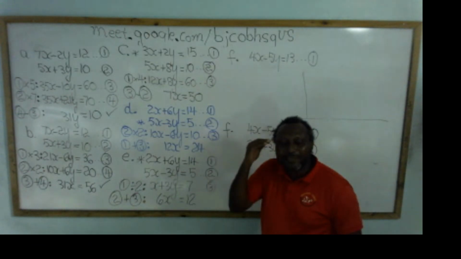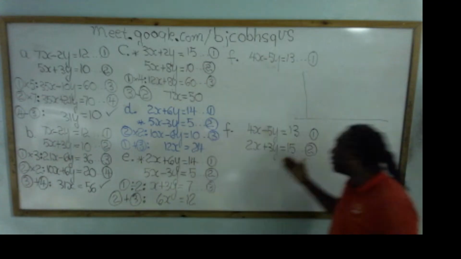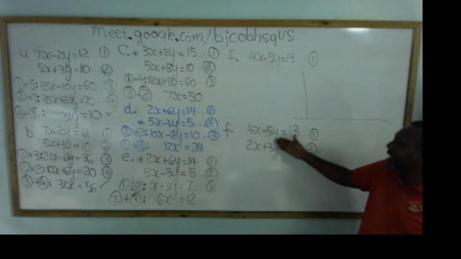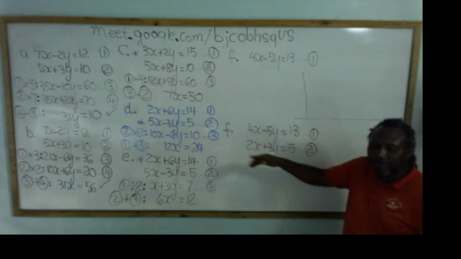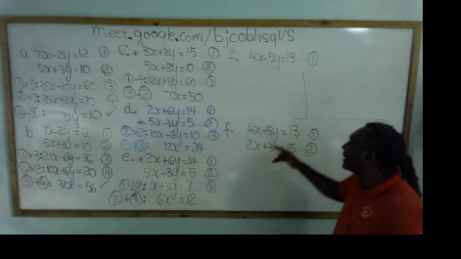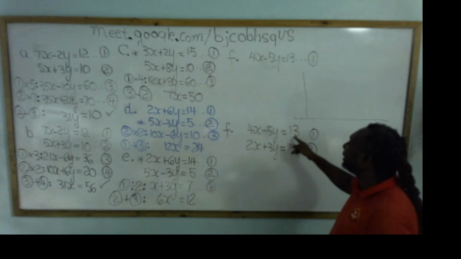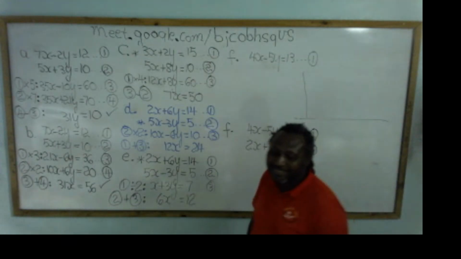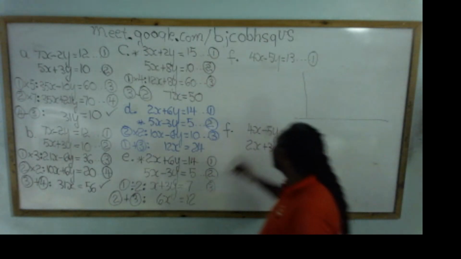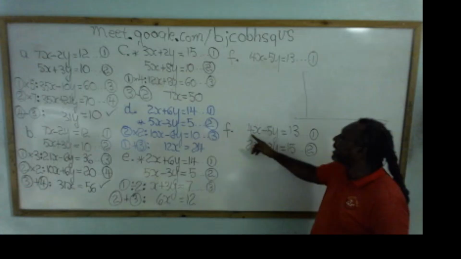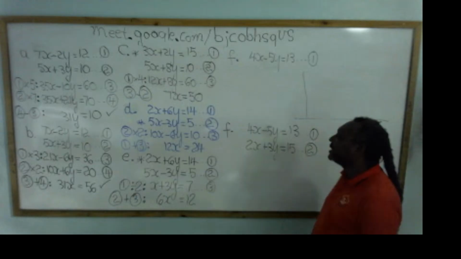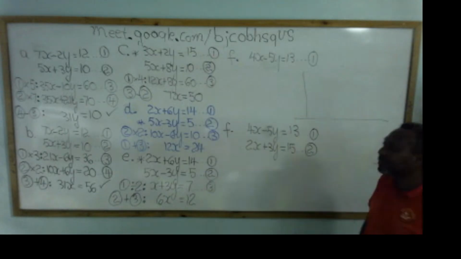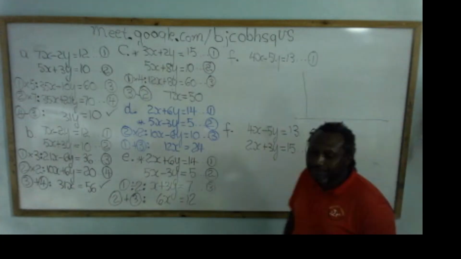But if I come here, I would not divide by 2, although it is as simple, because when I divide by 2 here and here, I would get fractions. If I divide this by 2, I will get the 2 that I want, but I'm going to get 5 over 2 and 13 over 2, or 2.5 and 6.5.